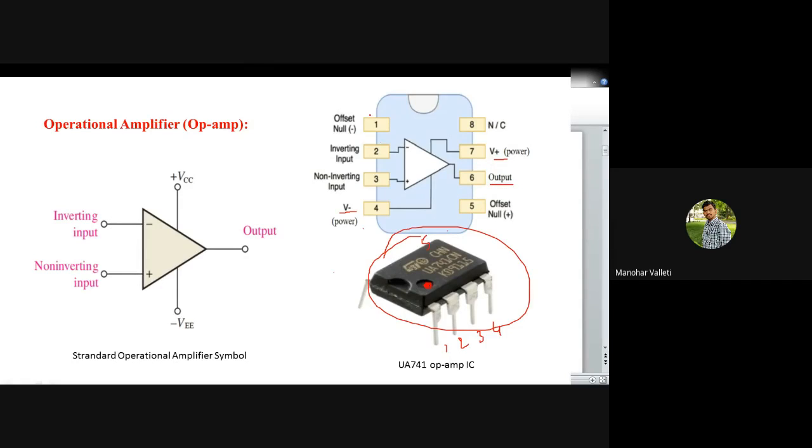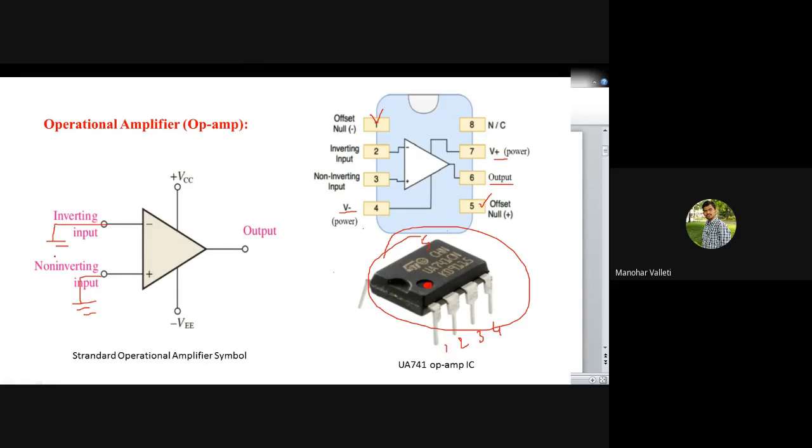And the purpose of pins 1 and 5 is a bit different. Generally, if you don't apply any input, you connect both inputs to ground, and you expect that as you have not applied any input, the output is 0. But in some cases the output will be non-zero, because this operational amplifier has very high gain. Because of that high gain, the output of the operational amplifier is non-zero. That is an error, right?